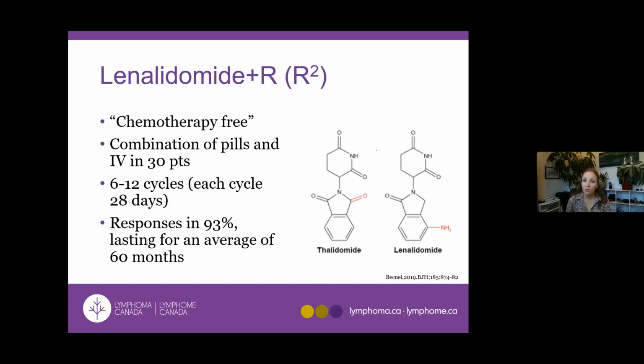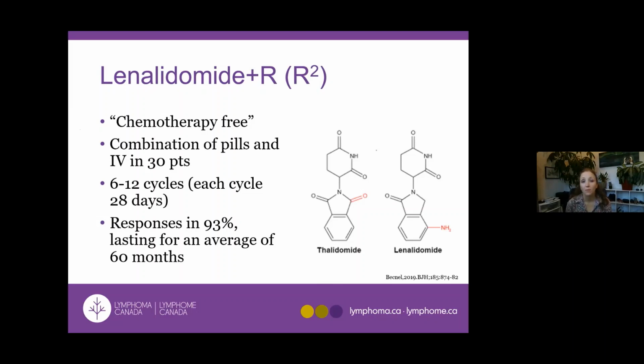So there's more interest recently in chemotherapy-free approaches. There's a combination called R squared, which unfortunately is not funded in Ontario, but may be funded in other provinces. This is a combination of pills, which is the lenalidomide, and IV rituximab.